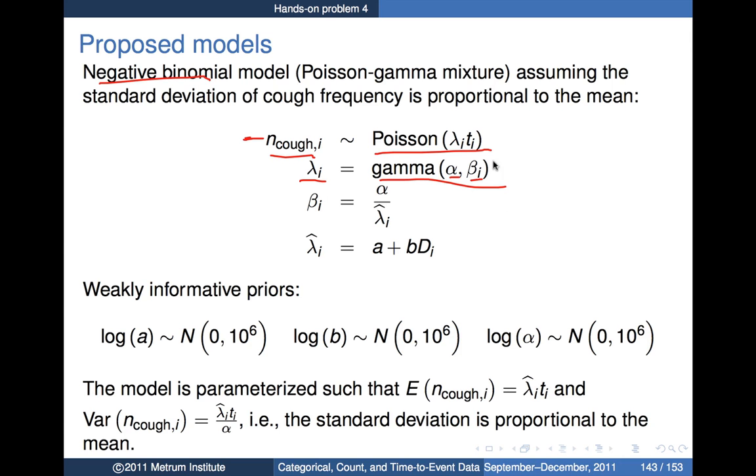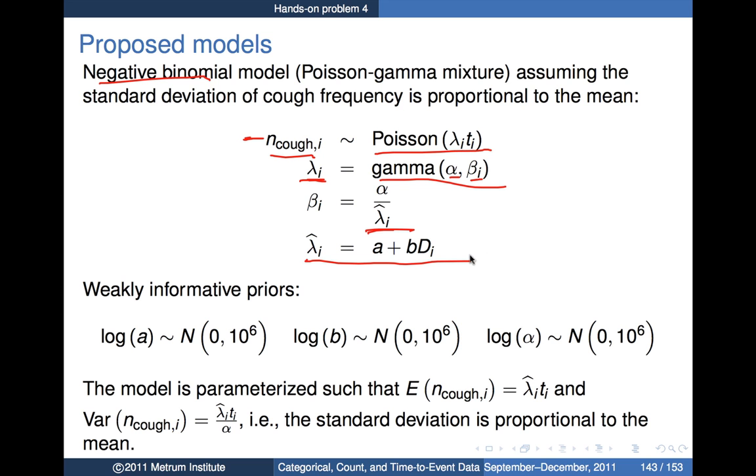And so what we're going to do is make it gamma alpha beta I, where beta I is going to be alpha over lambda I. And if you work that out, you'll see then that the mean of this will equal this lambda I hat.